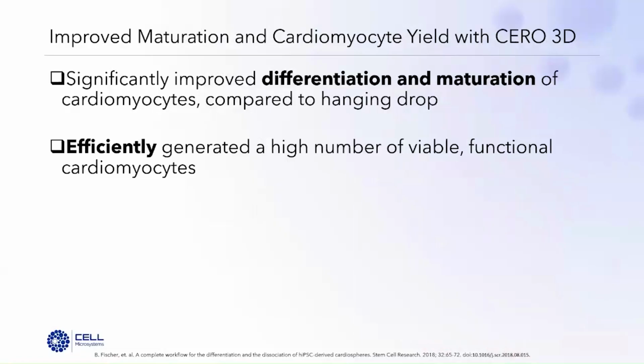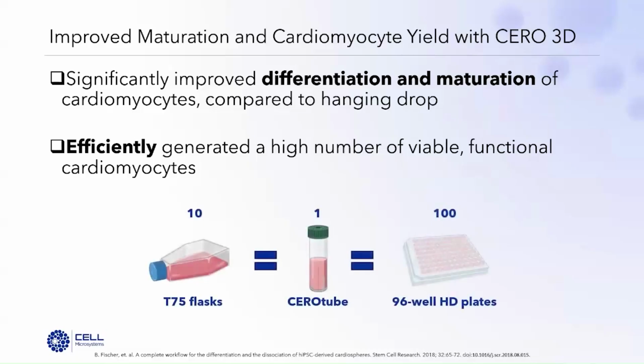Altogether, this study showed that the researchers were able to significantly improve their differentiation and maturation of those cardiomyocytes compared to their hanging drop method. Not only that, but they were able to create this workflow that efficiently generated a very high number of viable functional cardiomyocytes.